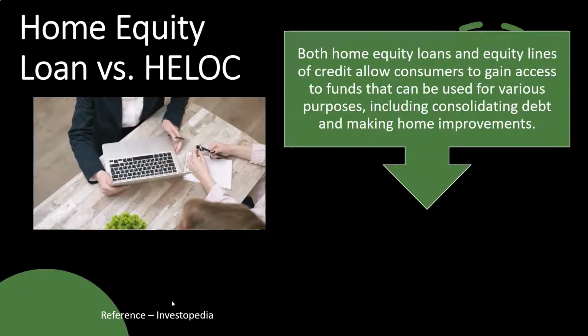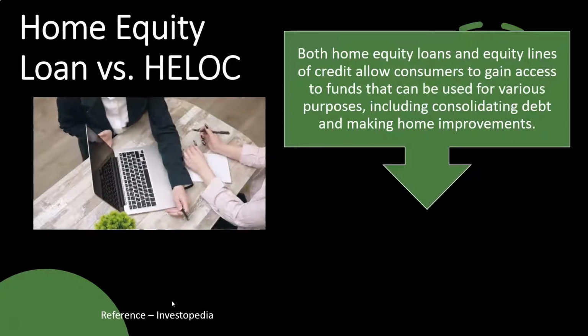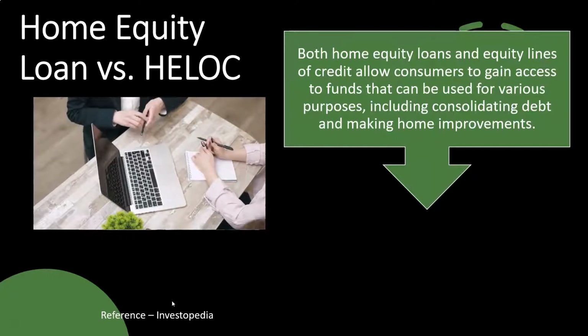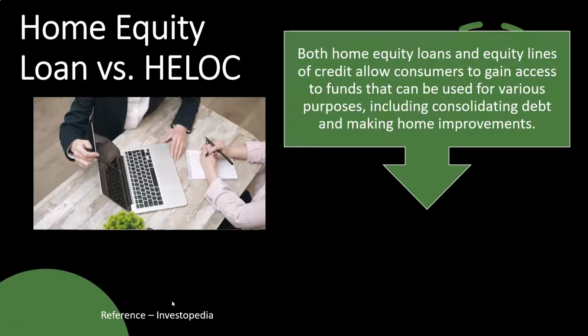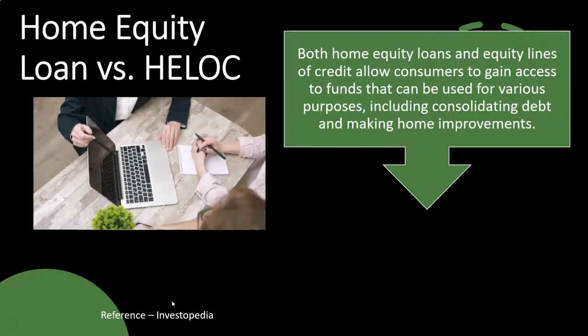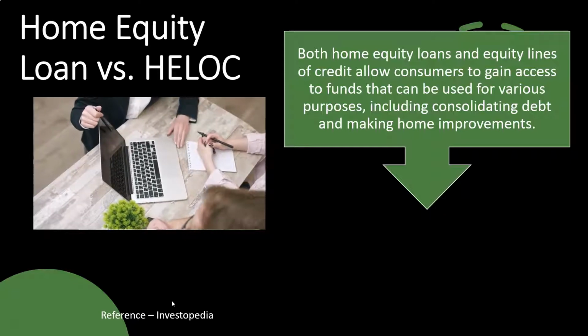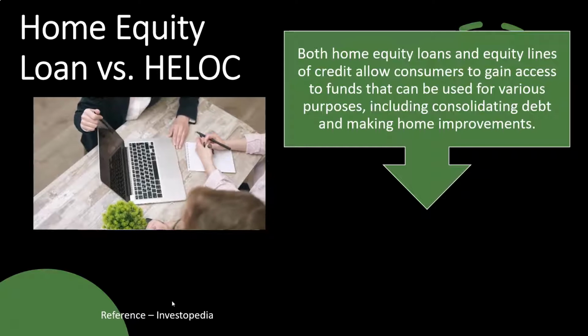So, home equity loan versus the HELOC: both home equity loans and equity lines of credit allow consumers to gain access to funds that can be used for various purposes, including consolidating debt and making home improvements. Oftentimes when you're looking at refinancing or consolidating your debt, you're looking at your financial situation.